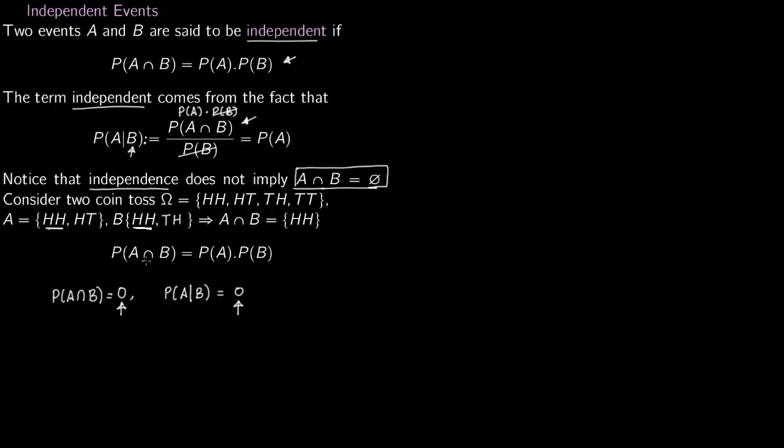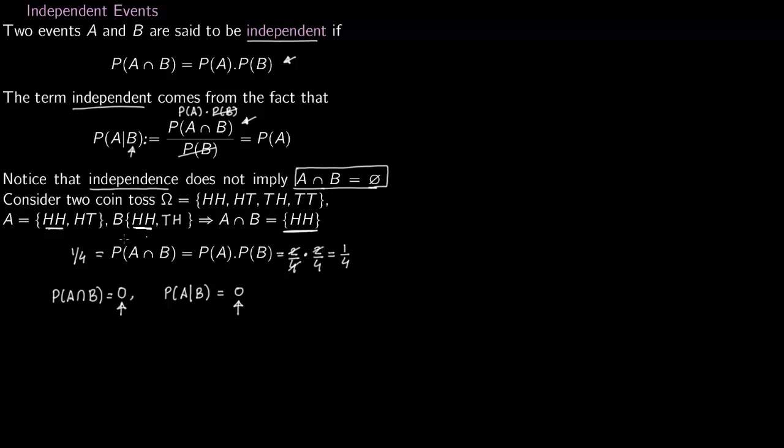So probability of A intersection B is equal to 1 by 4, because you just have one outcome out of these 4 outcomes. This is equal to probability of A, there are 2 outcomes out of 4 here, so it is 2 by 4, times probability of B, again it has 2 outcomes out of 4, so this will be 2 by 4, and this will become again 1 by 4, because 2 times 2 is 4.